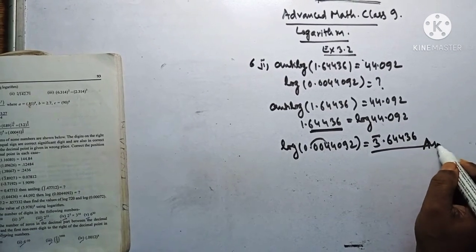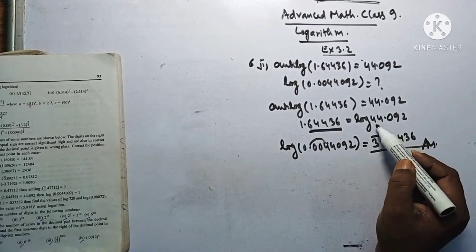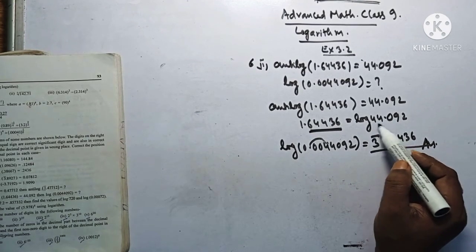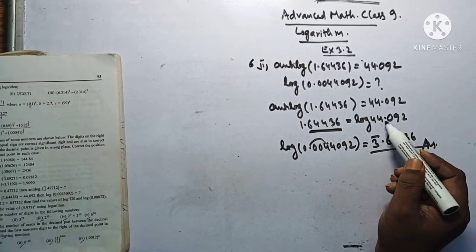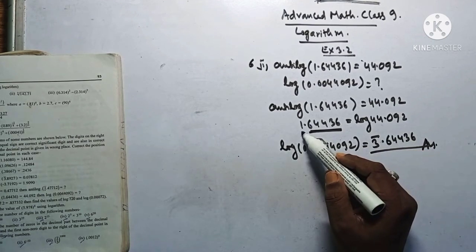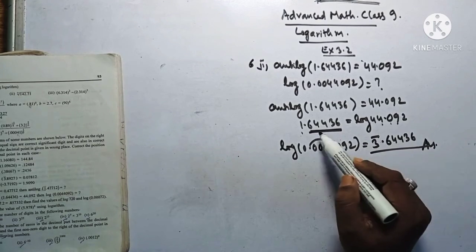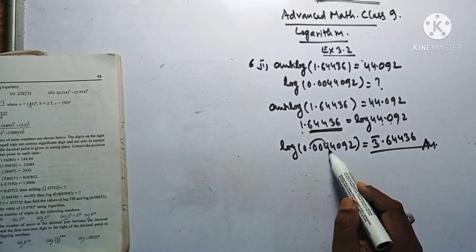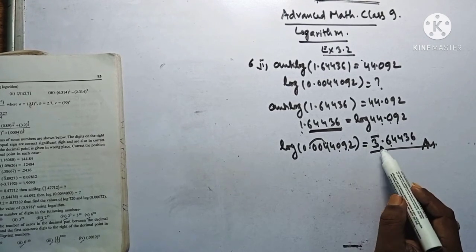This is your answer. Because when you see the log table and find the log, first of all you write the characteristic. Before the decimal there are 2 digits, so 2 minus 1, your characteristic is 1, and from the log table 44.09, you got this much. So 44.092 is this much, and your characteristic is 3 bar.